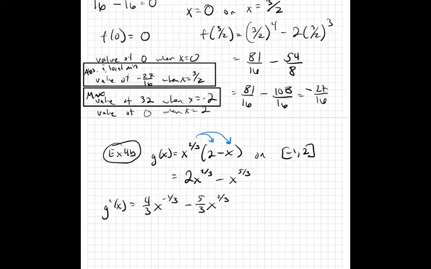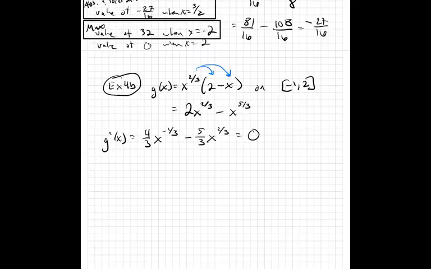Let's see. We want to set this to 0 and solve, right? I'm going to rewrite this. We got 4/3 over x to the 1/3 minus 5/3 x to the 2/3 over 1 equals 0.